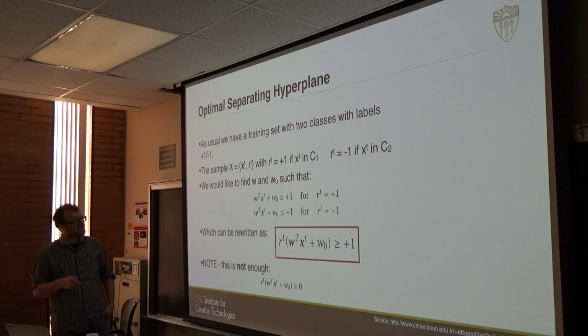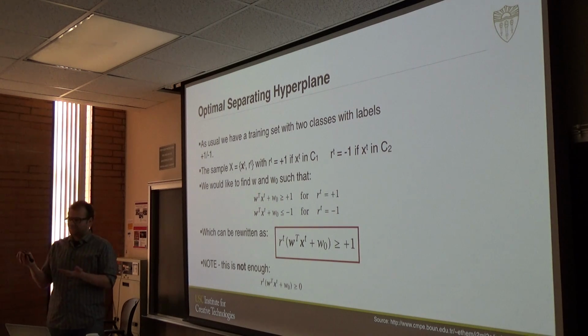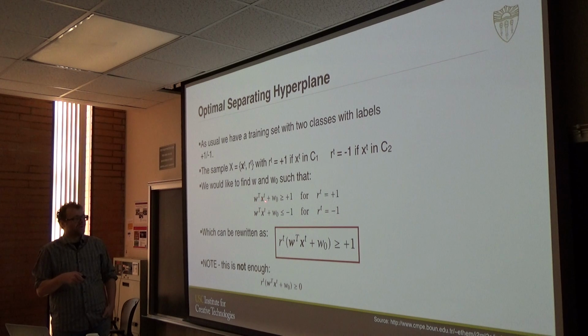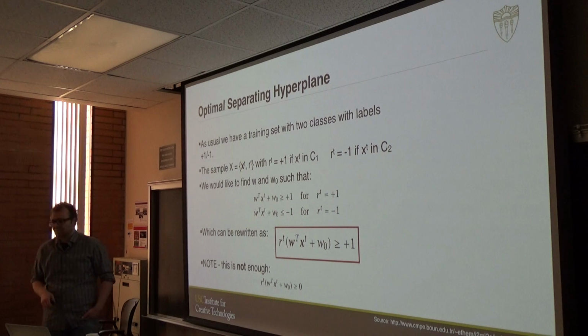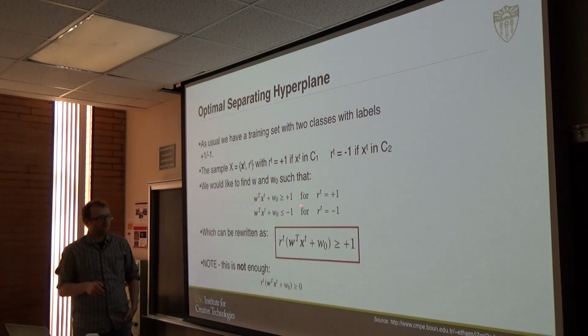And now we would like to find a W and a W0 such that, because that's how we want to classify it, +1 and -1 on one side, for class 1, this dot product plus bias is greater or equal to 1, or, for class 2, less or equal to -1.